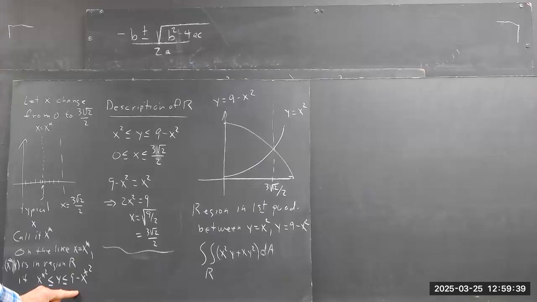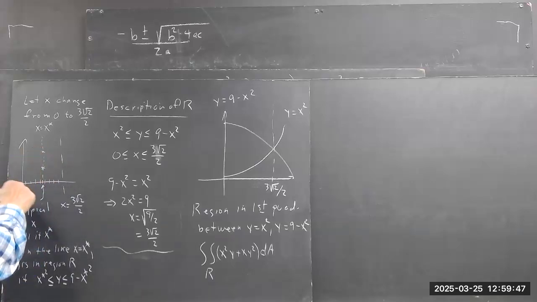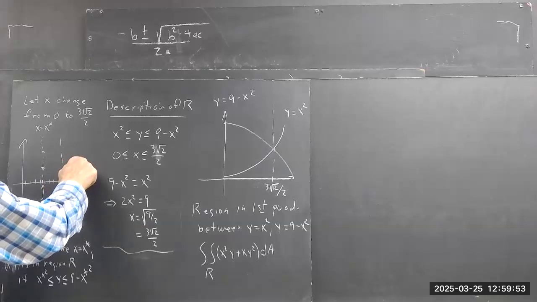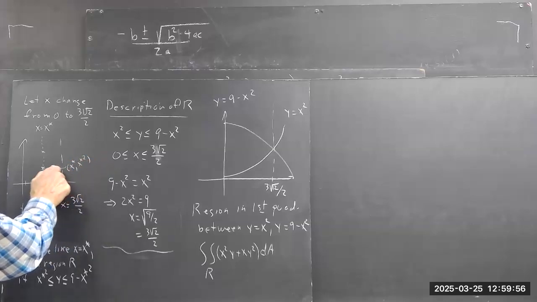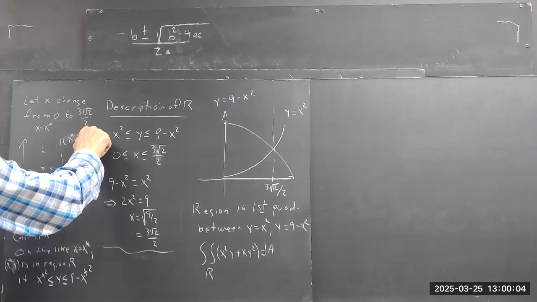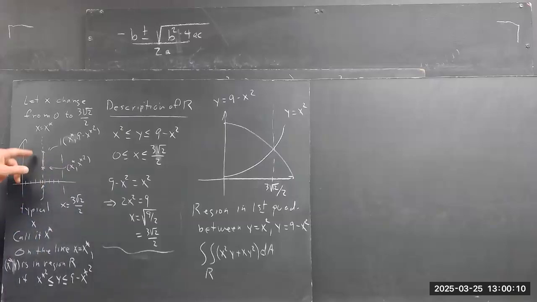Okay. So if I draw the point here, the point here, this much of the line is in the region. Does that make sense? Think about that for a minute.